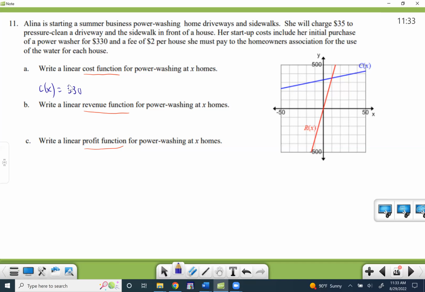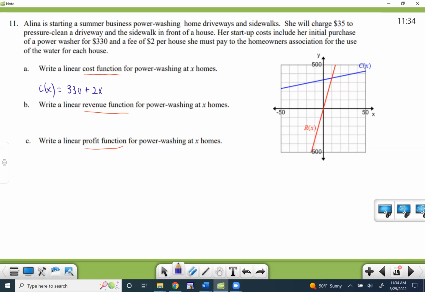Well, it's just a one-time fee. It's not like $330 per blah, blah, blah. She bought the power washer, done. So it's just a flat $330. This fee of $2 though, it's not just going to be a flat 2. It is going to have a variable after it because it's $2 per house, right? Per house implies that it needs this X after it, okay? So that's going to be her costs.